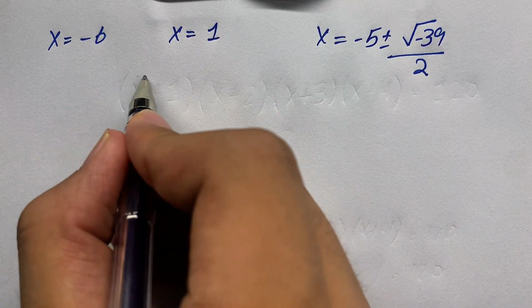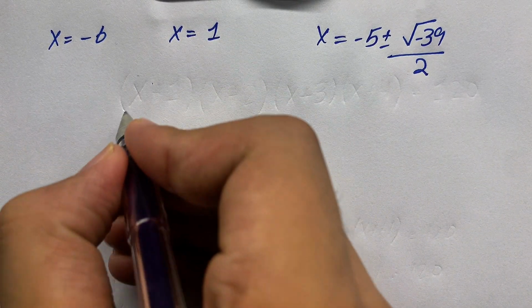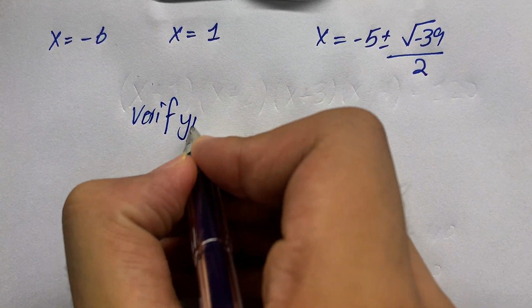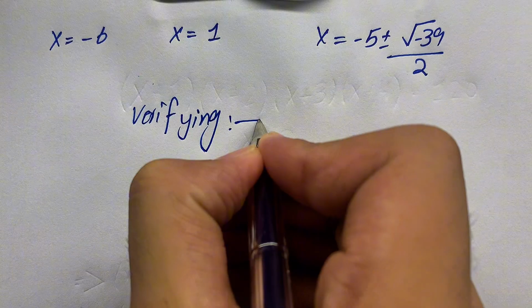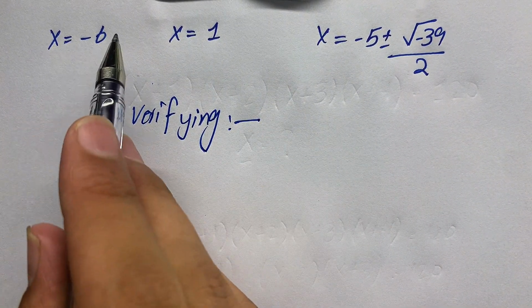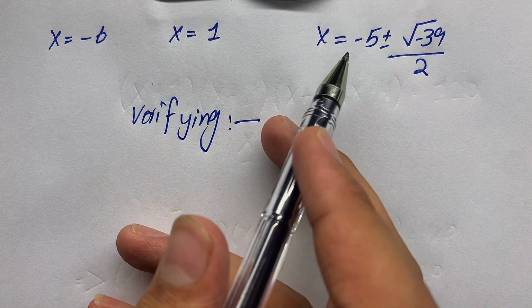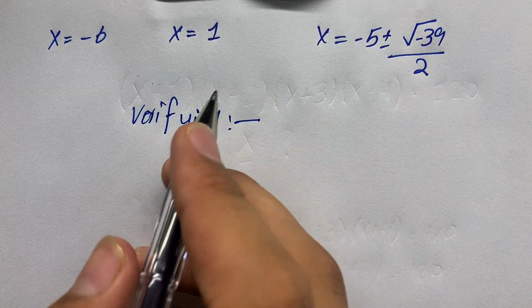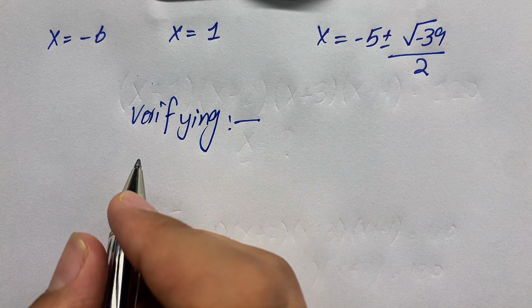Now we are checking whether our answer is correct or not, that we are verifying. x is equal to minus 6, x is equal to 1 and x is equal to minus 5 plus minus under the root minus 39 divided by 2.